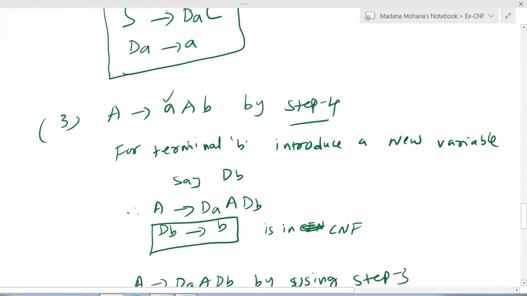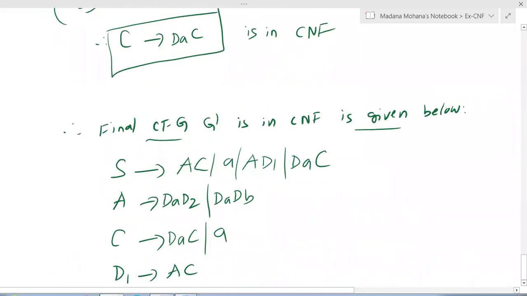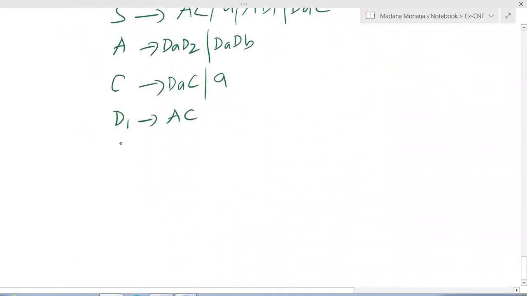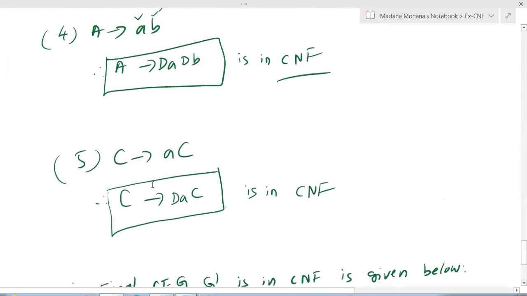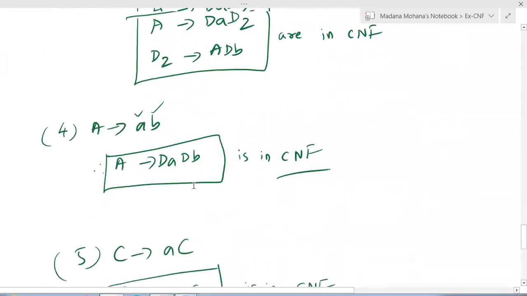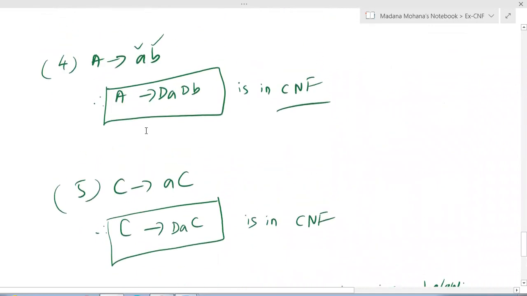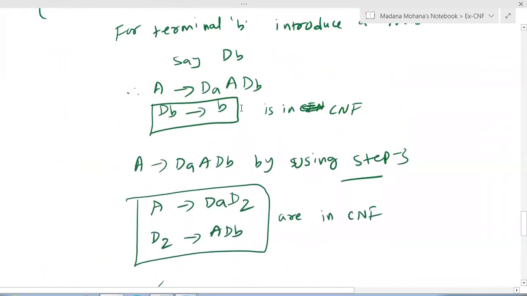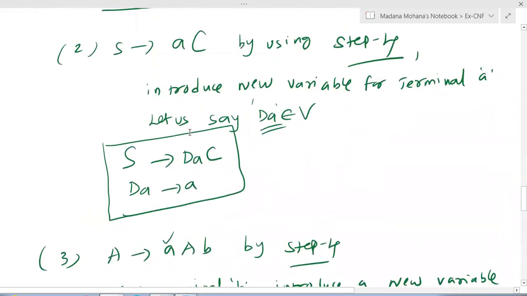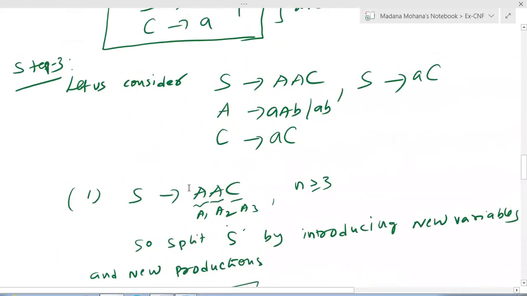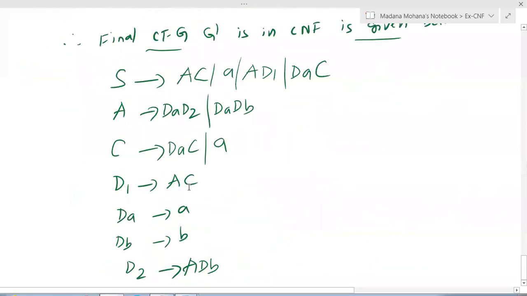Then D suffix A derives terminal A. Then D suffix B derives terminal B. Then we have D2 also. D2 derives A D suffix B. Check out any other missing productions. Now D2 is included, D suffix B derives B is included, D suffix A derives A is included, D1 is included. Okay, now all productions are included here.